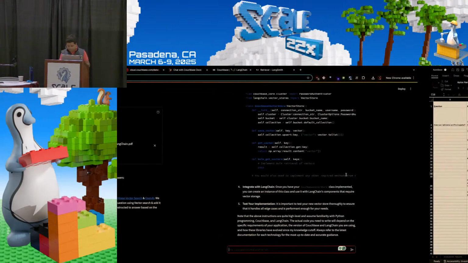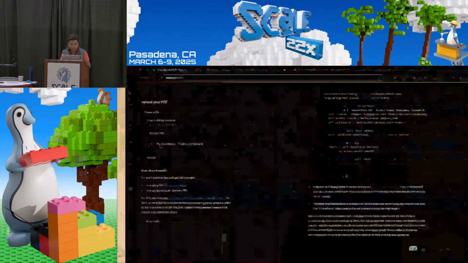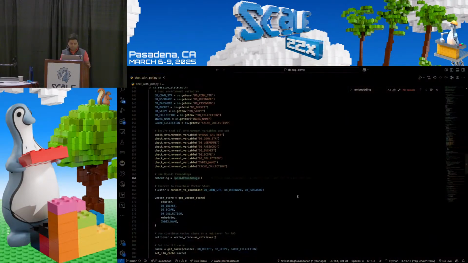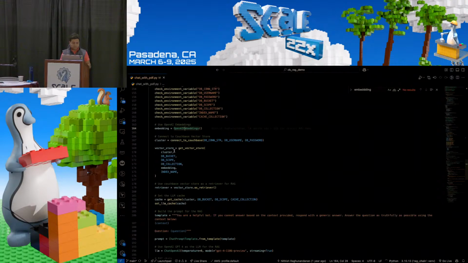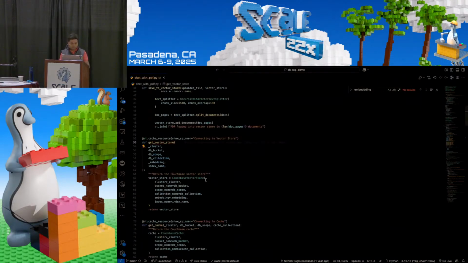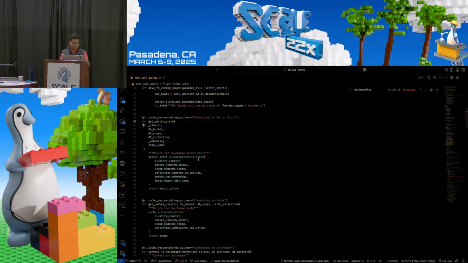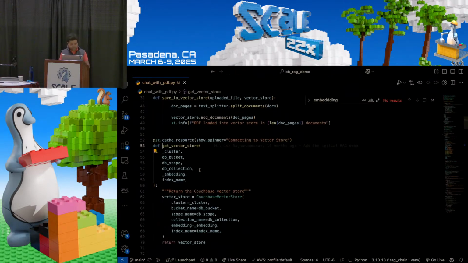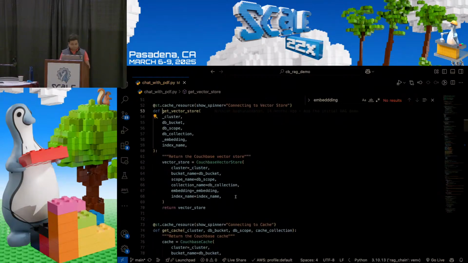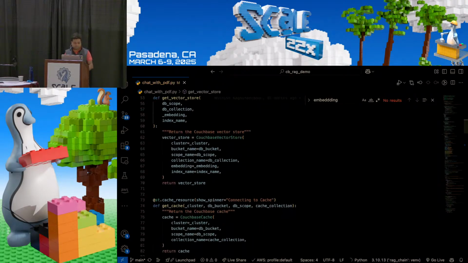I can also take a minute to show you how simple the code is. I'm using LangChain for this. Essentially you have a vector store object, and if I go there, it's just initializing the Couchbase vector store with the cluster object, which is essentially our connection using the SDK, and information about the bucket and scope, the embedding model that you are using, and also the index name.